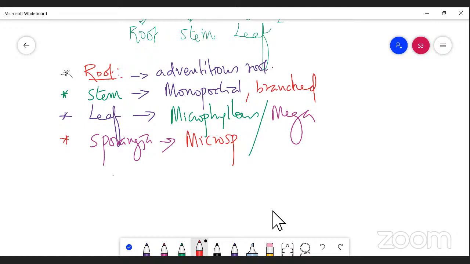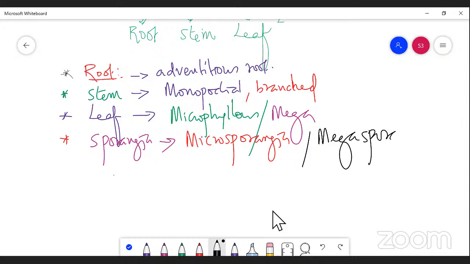Microsporangia or microsporophyll, and one more thing is megasporangia. Both microsporangia and megasporangia are similar to the androecium and the gynoecium, right?